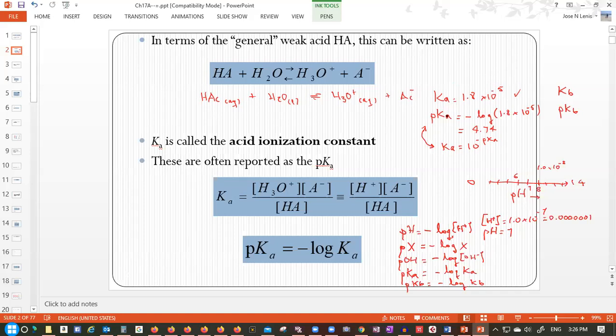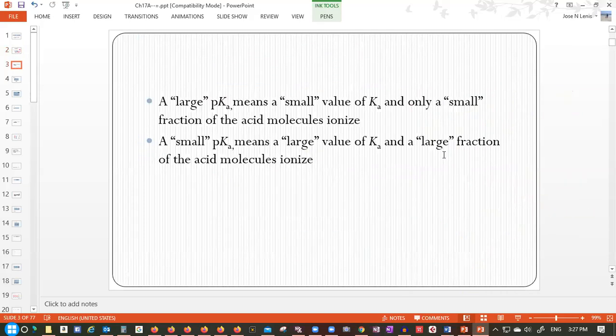And the pKa goes up. So when the pKa goes up, don't think it's getting stronger. No, it's getting weaker. So you have to be careful with that. That goes opposite.